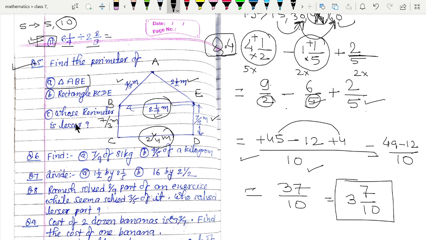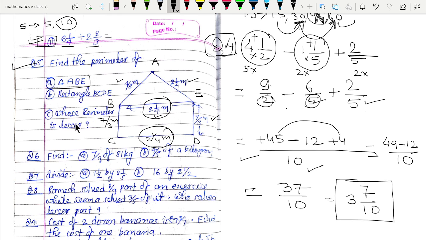So 2 dozen cost 24/7 rupees. Okay, so for 1 banana, is the cost less or more? Less. The cost of 1 banana is less.